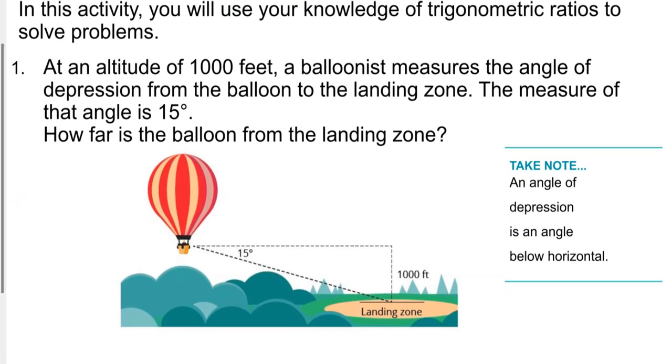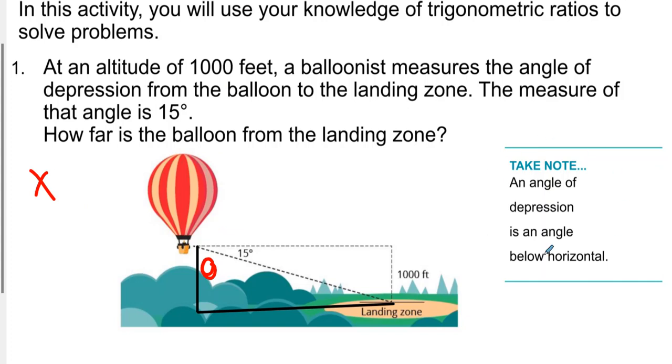Now, the number one issue that kids are going to have is they want to say that... Draw this triangle, and this would be a right triangle as well, but they want to say that 15 degrees is this angle, and that is dead wrong.